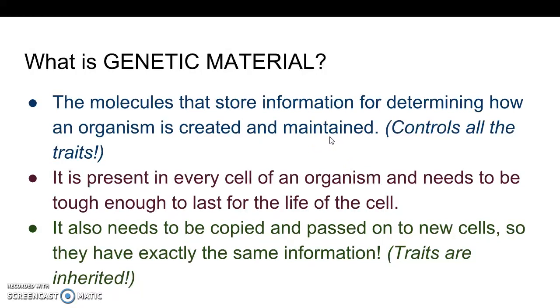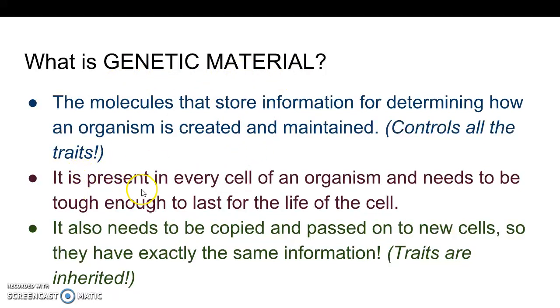So the genetic material has the information for, or basically controls, all the traits that we can see in an organism. So the way it looks, what it does, all of that is determined by this information stored in the genetic material.